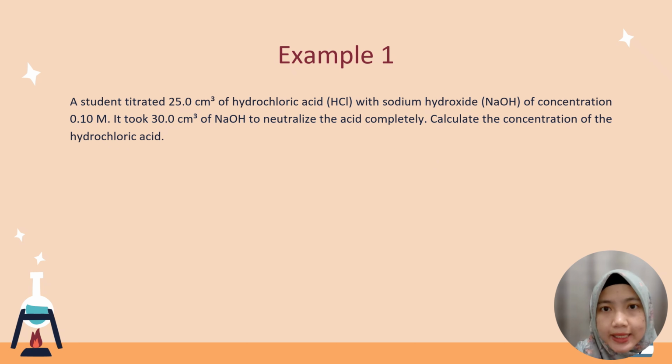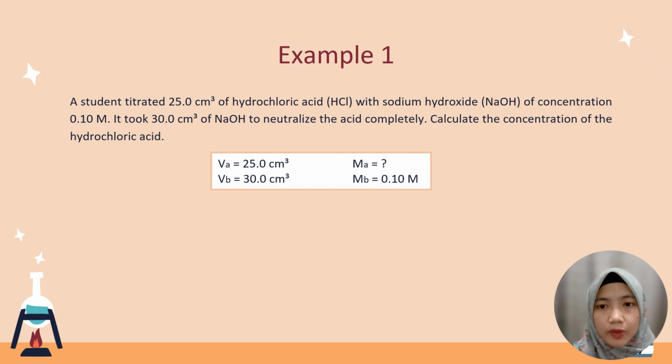Let's look at this example. A student titrated 25 cm³ of hydrochloric acid with sodium hydroxide of concentration 0.1 molar. It took 30 cm³ of sodium hydroxide to neutralize the acid completely. Calculate the concentration of the hydrochloric acid. The first step that you need to do is to identify the information from the question.